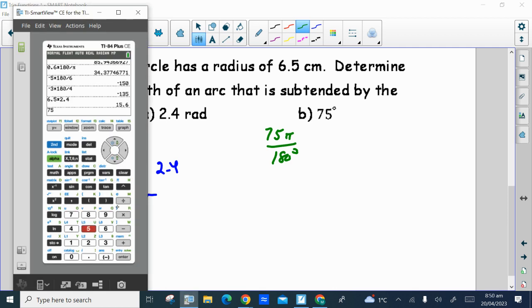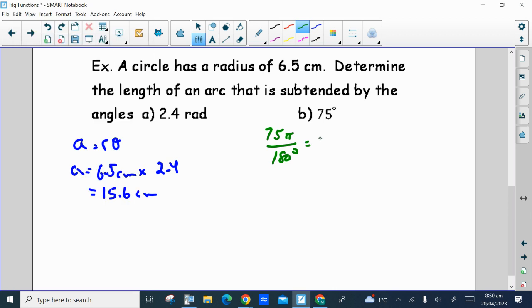So 75 divided by 180 is that decimal. If I write it as a fraction, 5 over 12. So 5 pi over 12 radians, which we could have got by dividing top and bottom by 15, I think. But now we have the angle in radians.